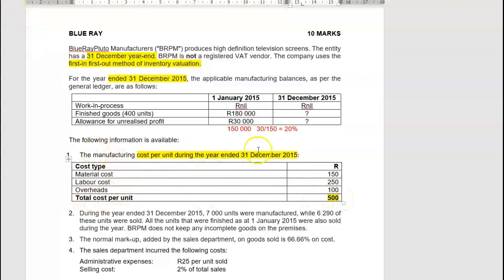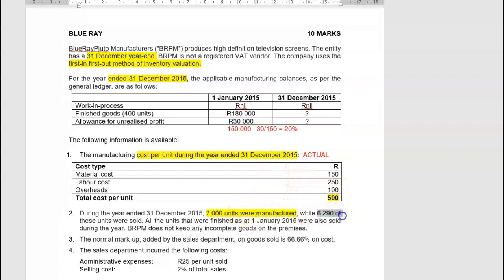This is the actual cost, the cost that was accumulated in the work in process account. Now, they say during the year 31 December 2015, 7,000 units were manufactured. So if that was the actual cost of manufacturing, we can now work out the total cost of manufacturing.